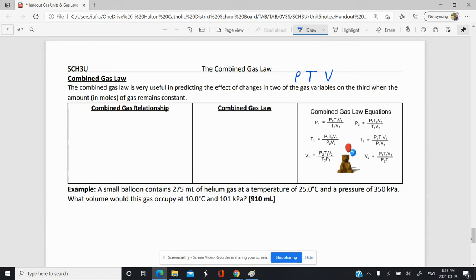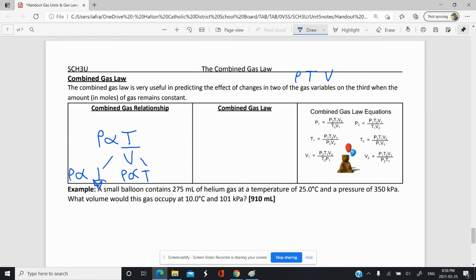And to write that out as a relationship, we say that the pressure is going to be proportional to the temperature over the volume. So this comes from the idea that we saw, for example, pressure is proportional to 1 over V, but we also saw that pressure was proportional to temperature. And so we just combined these together.